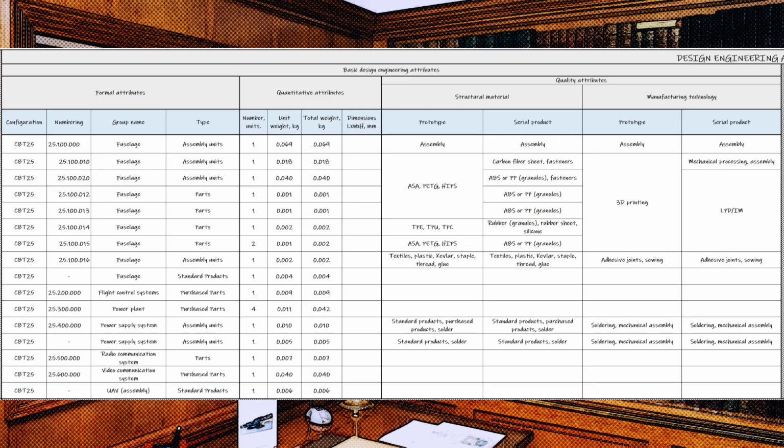That's why for the prototype parts of the fuselage elements, the ASA, PTG, and HIPS materials used in 3D printing technology, and carbon fiber sheet, fasteners, ABS or polypropylene granules produced by machining and injection molding, respectively, are simultaneously indicated in the BOM design attributes block.